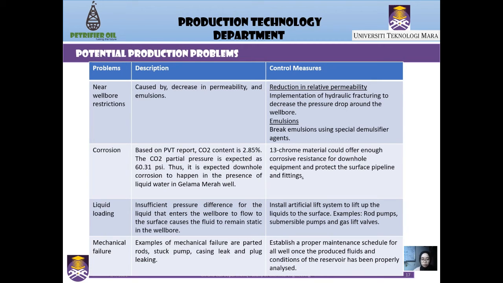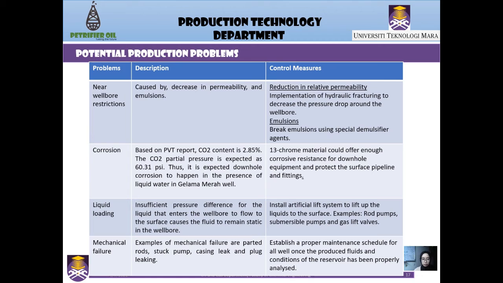The next problem is liquid loading due to the insufficient pressure difference from the reservoir pressure to the wellhead pressure. To cater to those problems, we can install the artificial lift as we decided before this, which is the continuous gas lift to lift up the liquids to the surface.